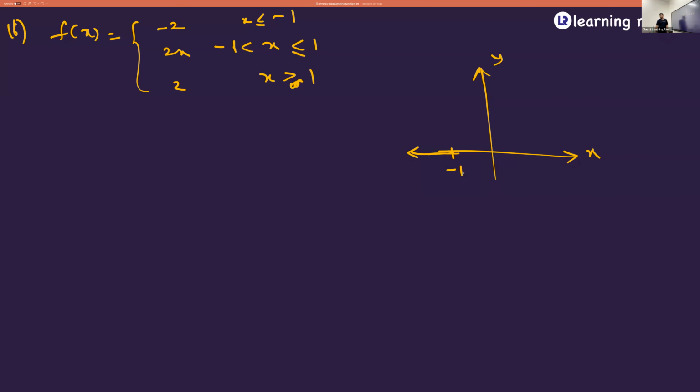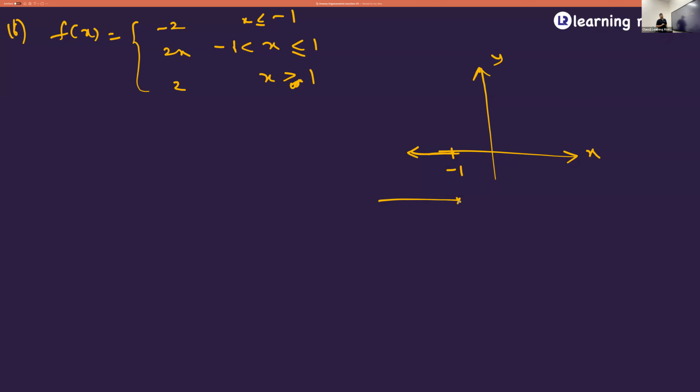On the left of -1, what do you have? You have -2, which is a constant function. The graph will be like this. 2x is a line which is passing through the origin. But where does it start? Wherever the left limit of -1 ends, the function value starts from there.